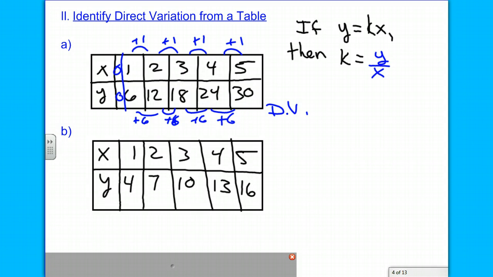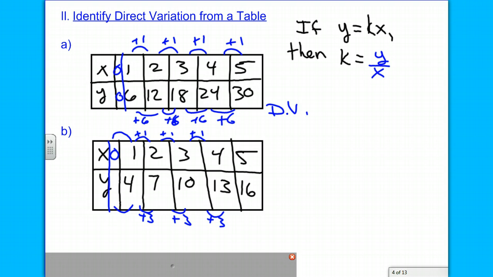We could try that same thing here. Do we have a pattern in the domain up here? We have +1, right? +1, +1. Do we have a pattern in the range? And what is it? +3, +3, +3. And so could we work our way back to 0? We could go back one step again. We could make another little piece in this table, and subtract 1 and get to 0 here.